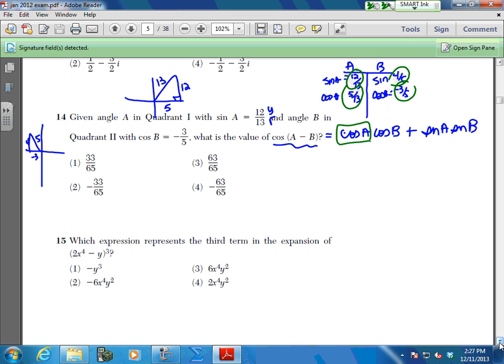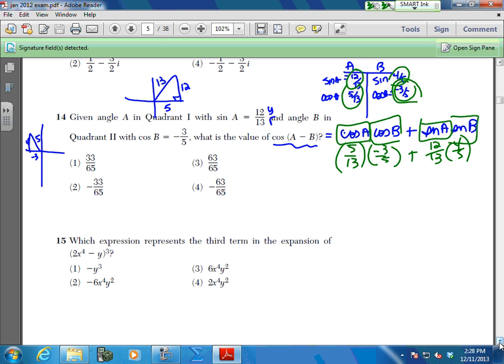So when you see the cosine of A, find me the cosine of A, and substitute it, 5 over 13. Cosine of B, substitute it out, negative 3 over 5. Sine of A, substitute it out, 12 over 13. And sine of B, 4 over 5.